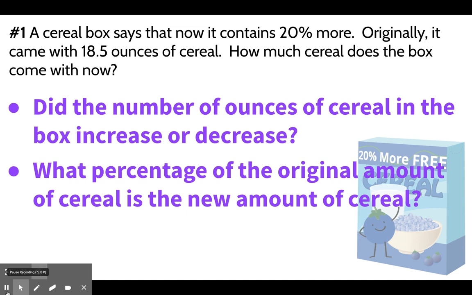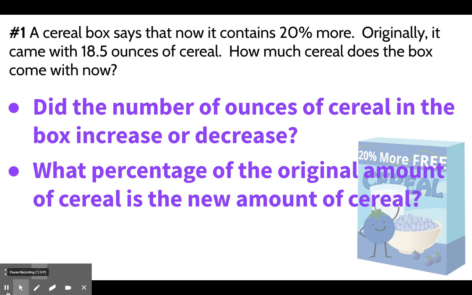The problem tells me that it has 20% more. Well, we need to figure out what 20% of 18.5 is. When I change 20% into a decimal, it becomes 0.2. Then I multiply 0.2 times 18.5, and that equals 3.7.